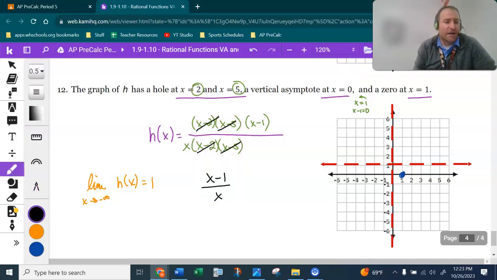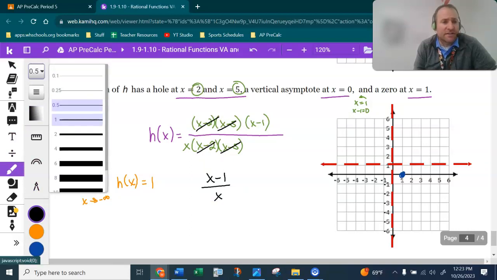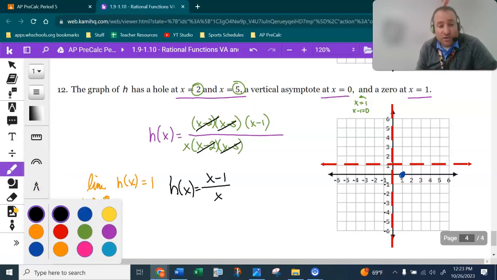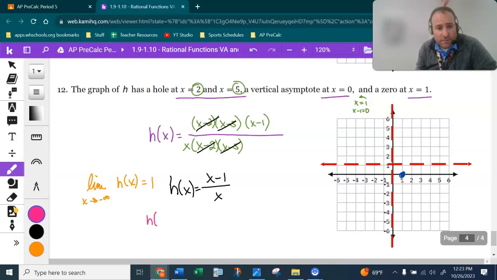So let's start calculating. Here's our simplified h of x. We're going to evaluate h of 2 and also h of 5, and that'll give us the y coordinates of where those holes are going to be.